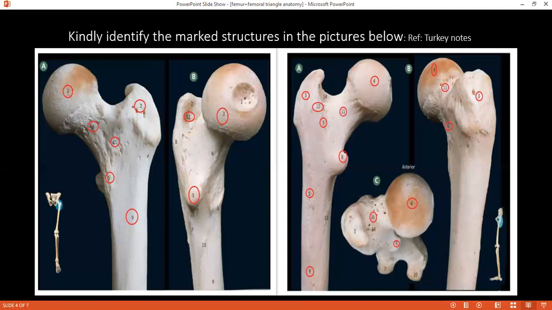What are the names of the ligaments which strengthen the hip joint? Iliofemoral, pubofemoral, and ischiofemoral ligaments. Why is the iliofemoral ligament the strongest? I don't know.